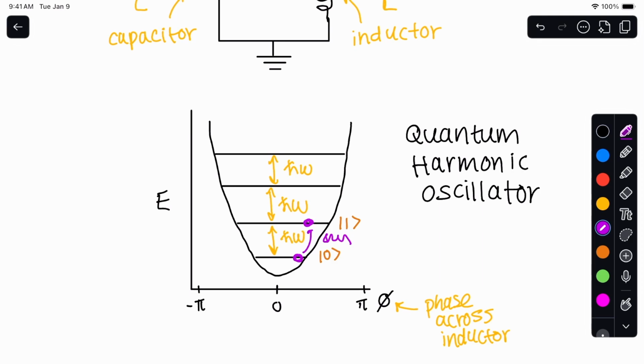That could be a way to apply an X gate. But now, if we're in the 1 state and we apply another photon, two things could happen. One is stimulated emission, where we decay back down to the 0 state and emit a photon. Or, which is something we don't want, we could be excited up again to the 2 state. This cannot be a qubit.